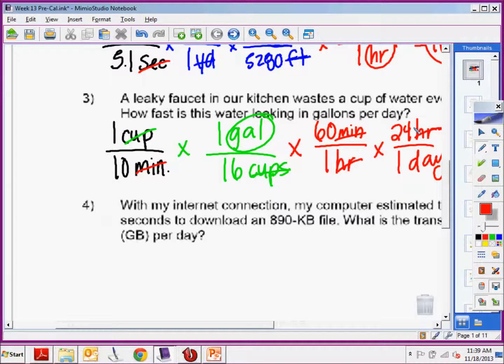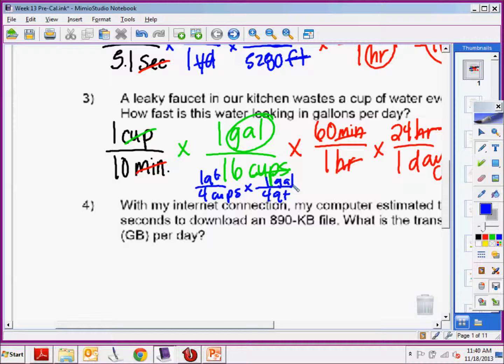If I do it with quarts, what changes is this part right here. This becomes 1 quart over 4 cups, and then 4 quarts over 1 gallon. Then I put 60 minutes over 1 hour, and 24 hours over 1 day.